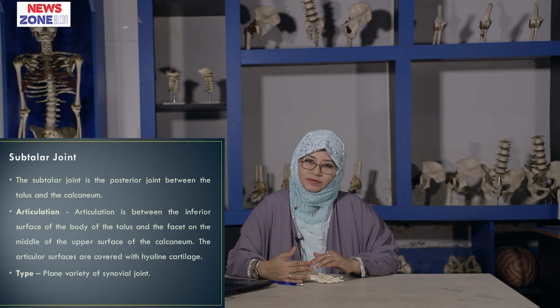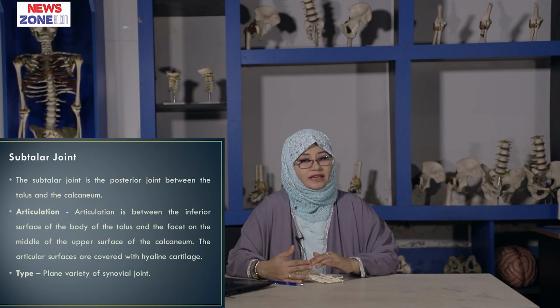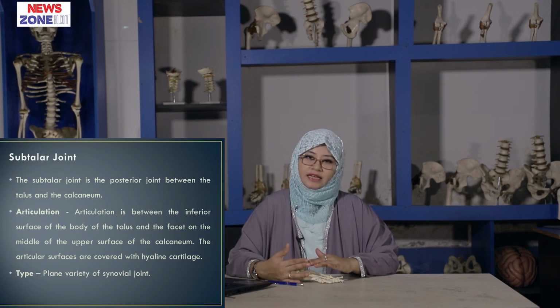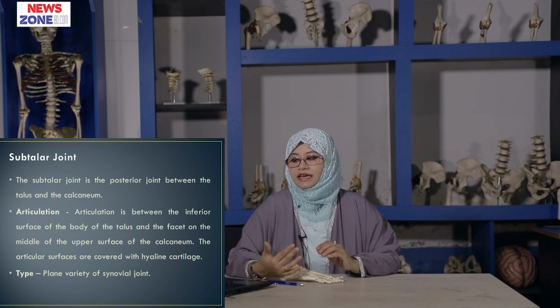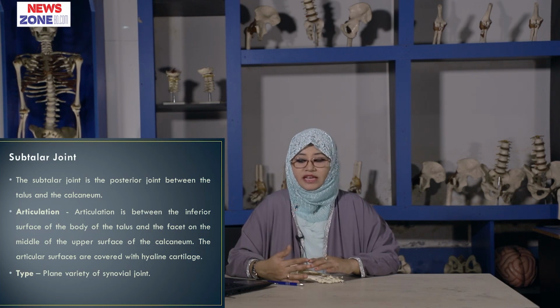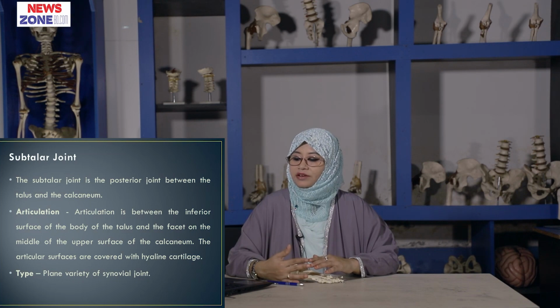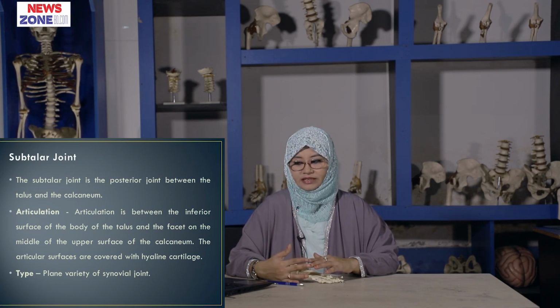First of all, subtalar joint. The subtalar joint is the posterior joint between the talus and calcaneum. It articulates between the inferior surface of the body of the talus and the facet of the middle of the upper surface of calcaneum.